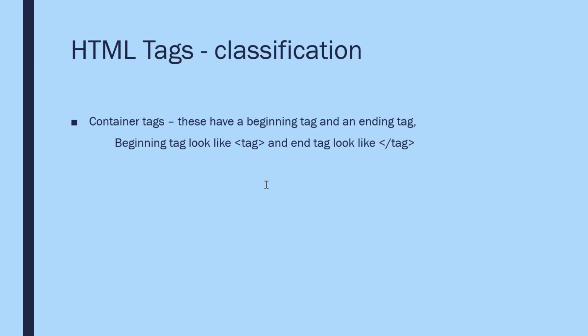In the end tag, again there will be less than and greater than signs, but there will be a slash before the tag name. The second type of tag is empty tags. These are standalone tags, meaning they do not need an end tag. These are the two types of tags in HTML.